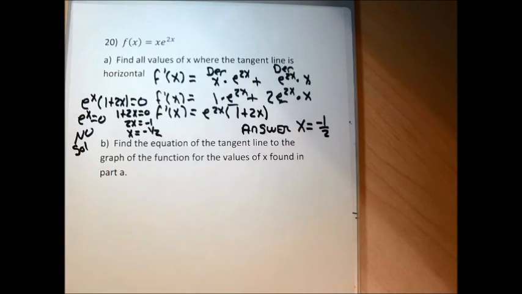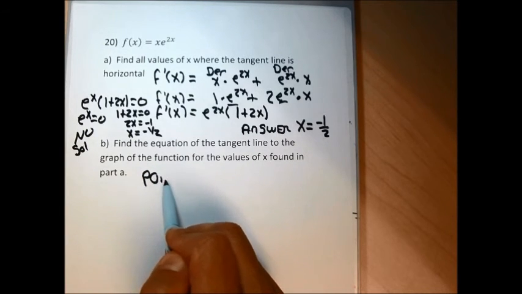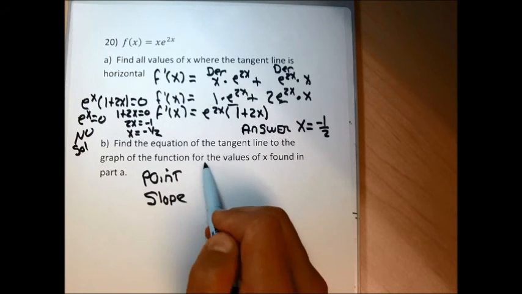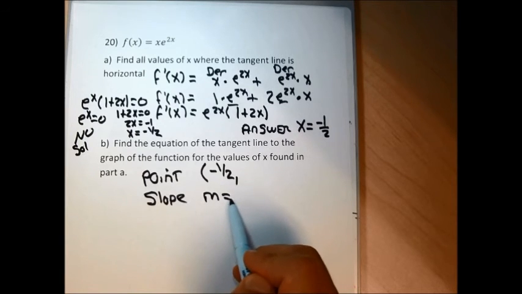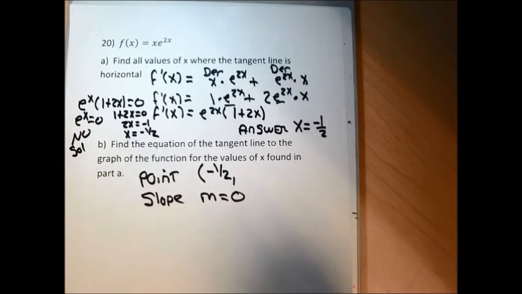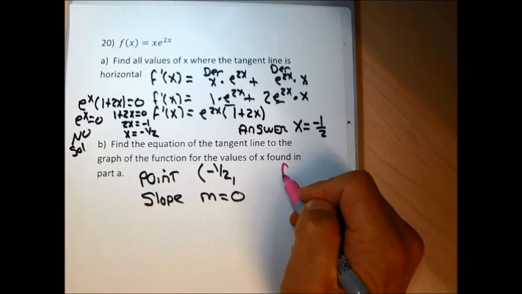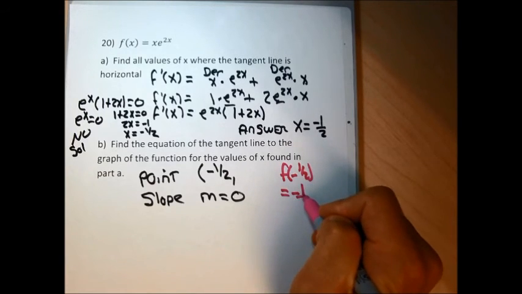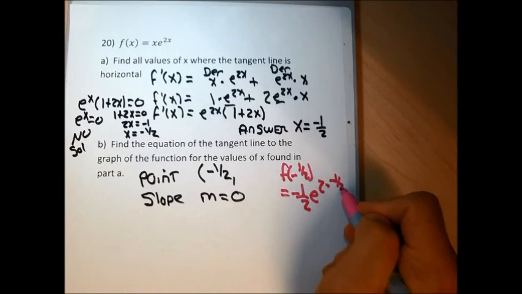To do part B, to get the equation of my tangent line, I need a point and a slope. The x-coordinate of the point is negative 1/2. The slope is m equal to 0. I need to get the y-coordinate of my tangent point by plugging negative 1/2 in for my x. So I'm going to go f of negative 1/2 equals negative 1/2 times e to the 2 times negative 1/2.